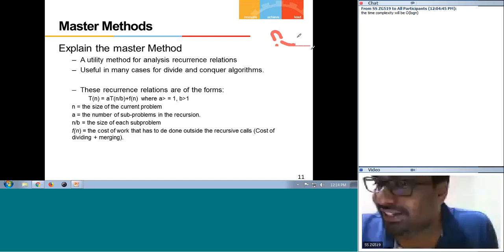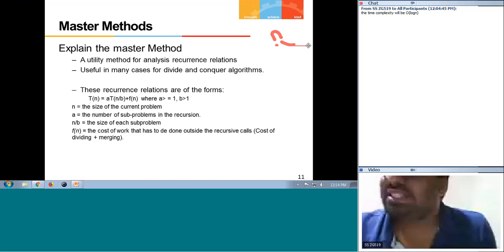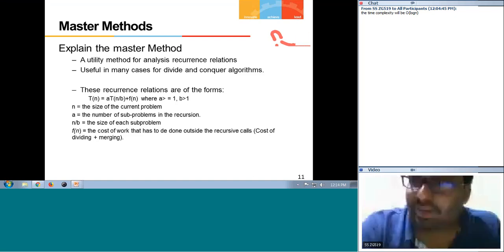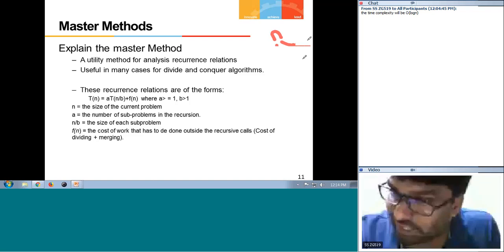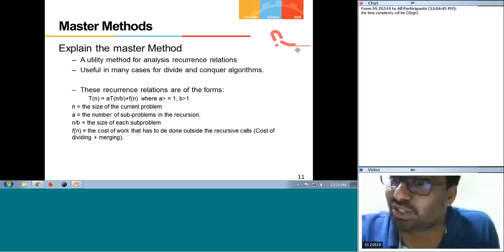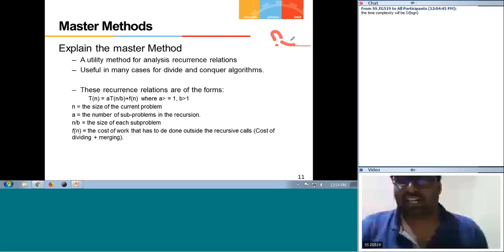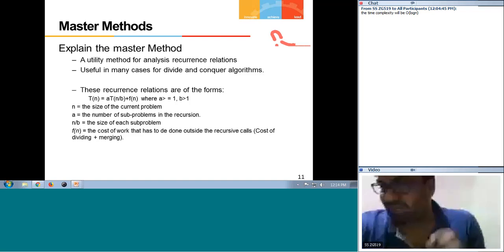At one iteration it is n by 2, for some other iteration it is n by 4, some iteration n by 8, and so on. So n by b is the size of each subproblem. I think you are clear now.